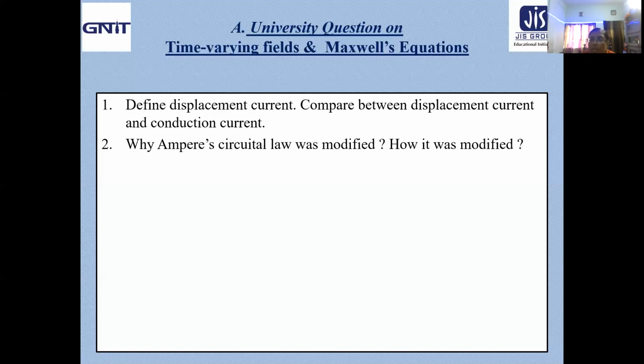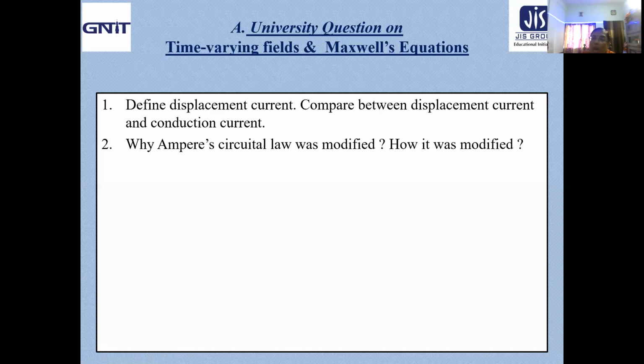He used an additional term in the form of displacement current, and found that this displacement current term must be added to the conduction current term to make the modified Ampere's circuital law consistent with the equation of continuity. In the modified form it is valid not only for the steady state but also for the time varying field.